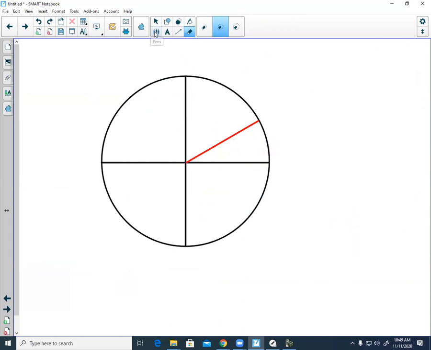So the next thing to think about is, let's say I'm keeping this vague now. If I'm giving you just a generic angle, I don't know what that angle is, we'll call it theta.